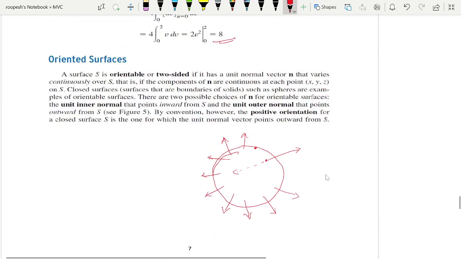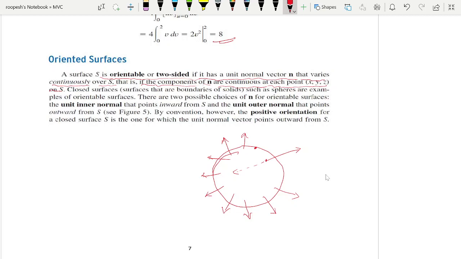You can read this. A surface S is orientable or two-sided if it has a unit normal vector n that varies continuously over S. That is, if the components of n are continuous at each point (x,y,z) on S. Now any closed surface that is the boundary of a solid, such as a sphere, is an example of an orientable surface.